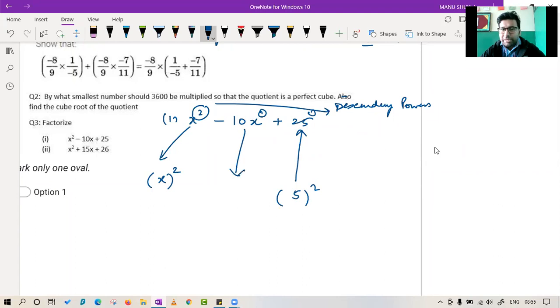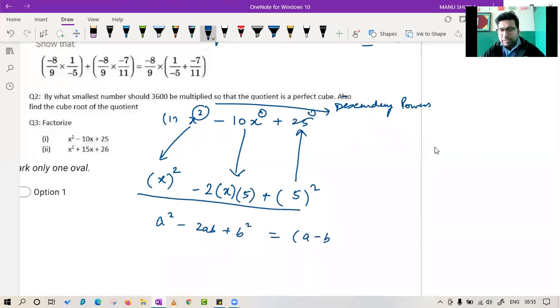That means this might have come from minus 2ab. Can we compare this with a square minus 2ab plus b square? Yes, we know. And we can say the answer is a minus b whole square. Therefore, the answer is x minus 5 whole square. This is the way using the formula.